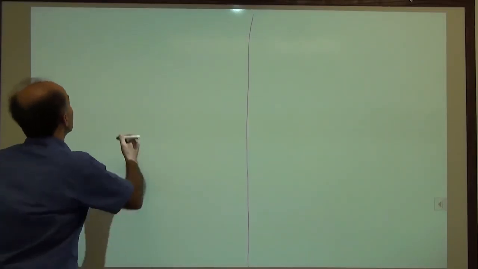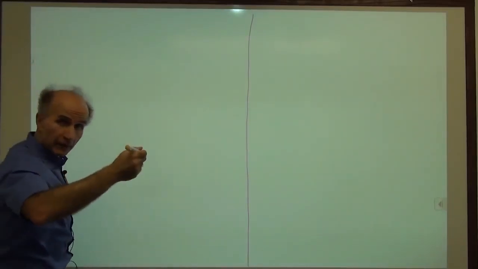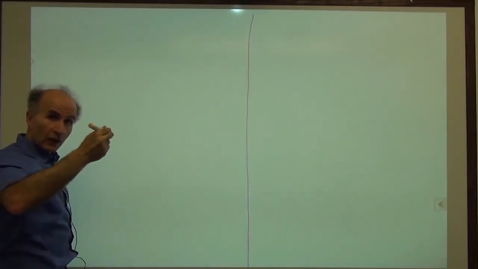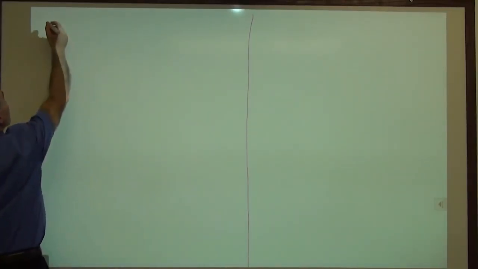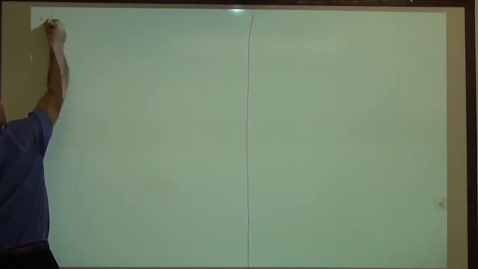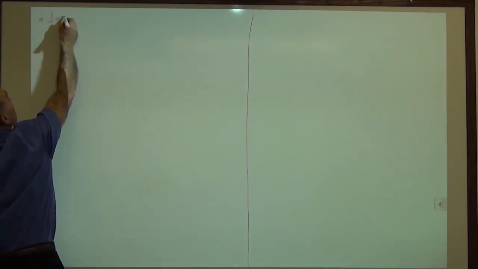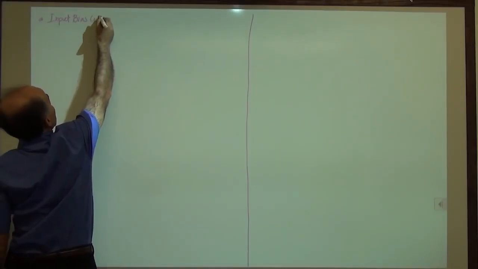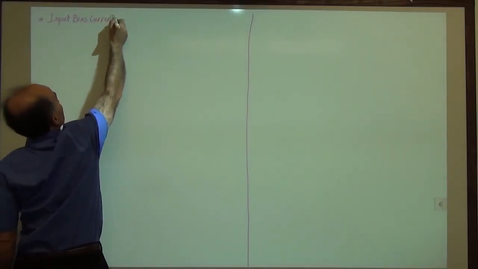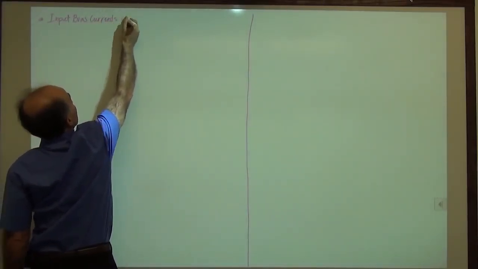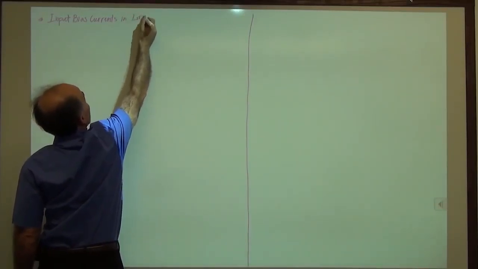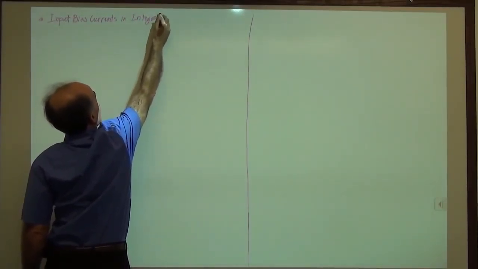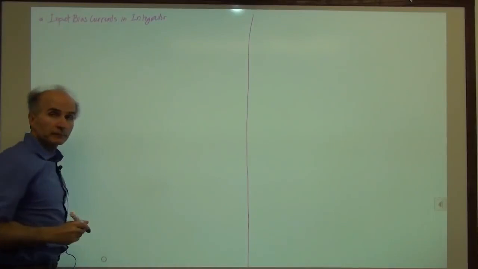So let's consider the effect of these bias currents, input bias currents on the integrator. So, input bias currents in integrator. So we're wondering what they do here.